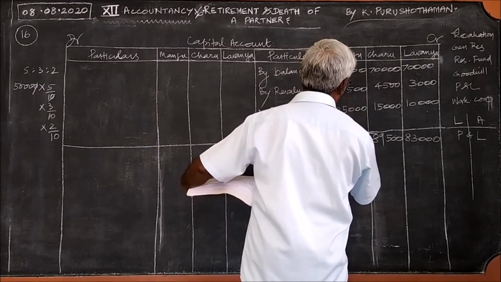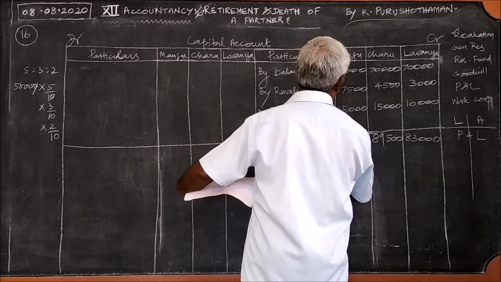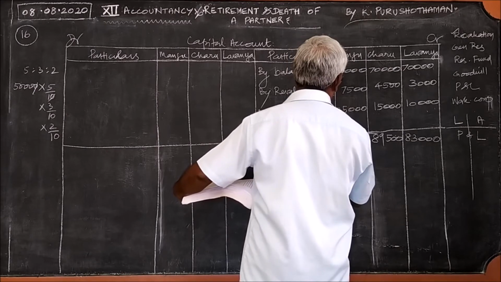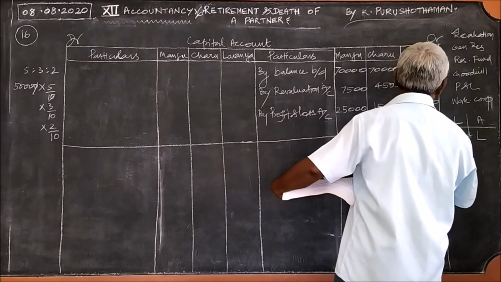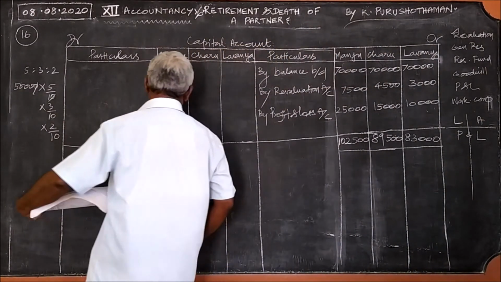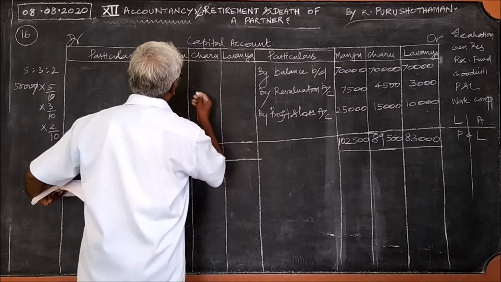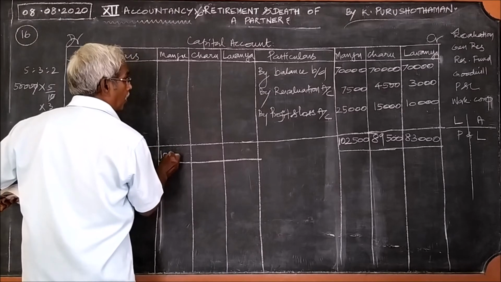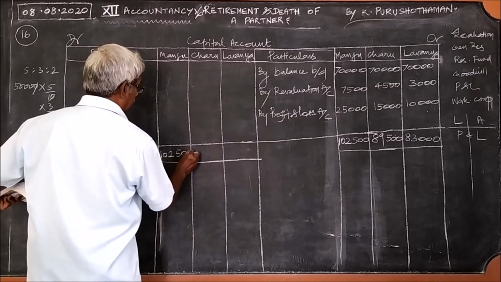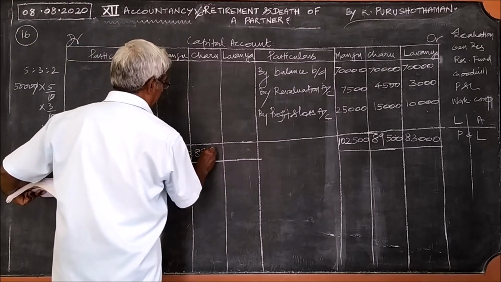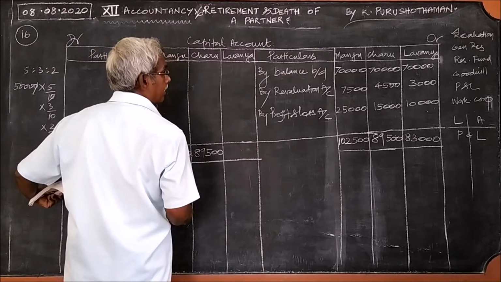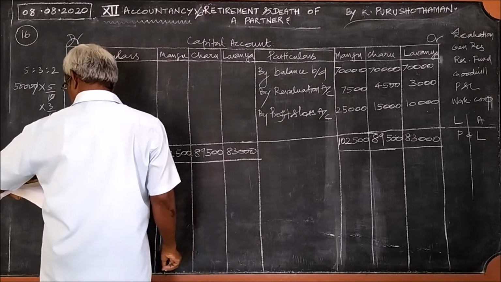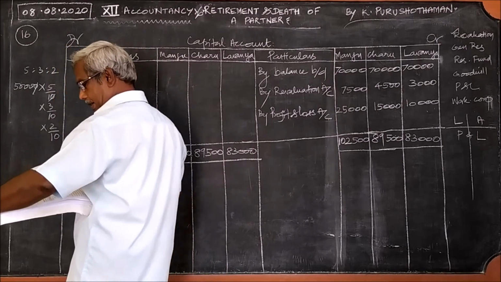Here this 500 you write. 7 plus 5, 12, 1 plus 2, 3, 3 plus 7, 10. 1,02,000. This is the total. In this debit side, no entry is inside, therefore you write the same: 1,02,500, 89,500, 83,000.